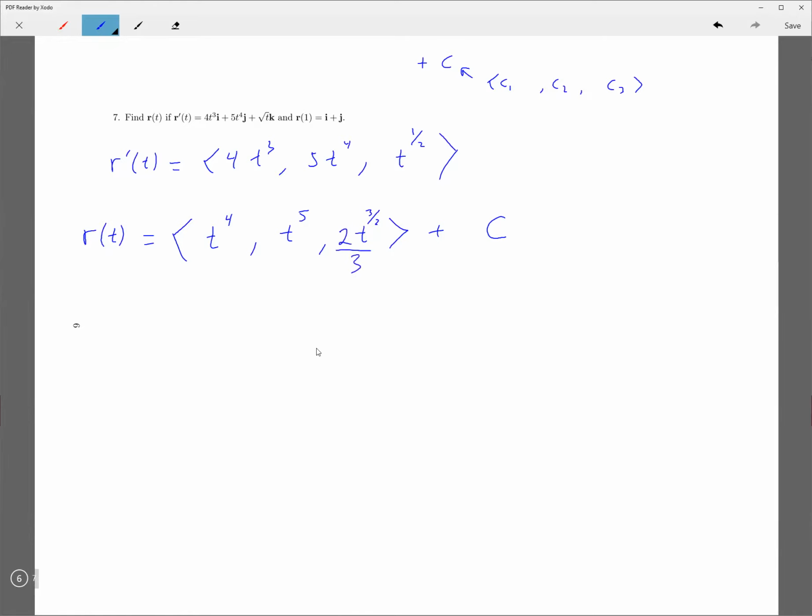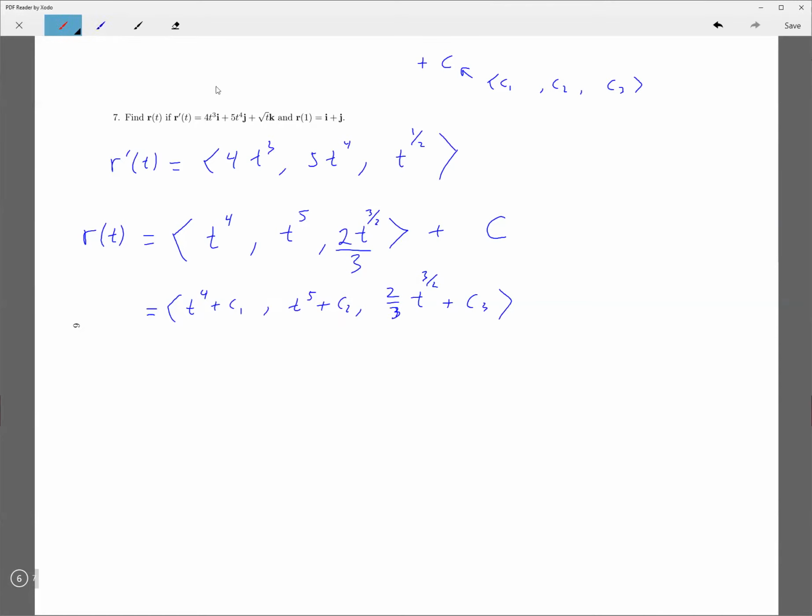Okay, good. And then plus a constant. But really, this constant on the end means 3 different constants, like that, C1, C2, C3.